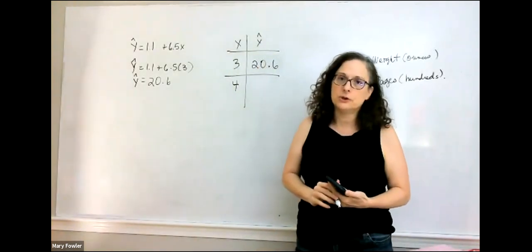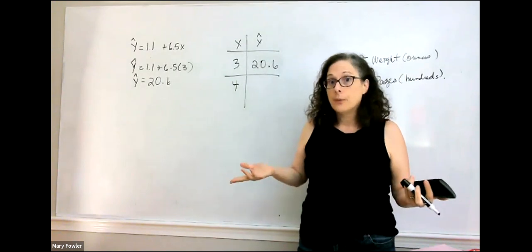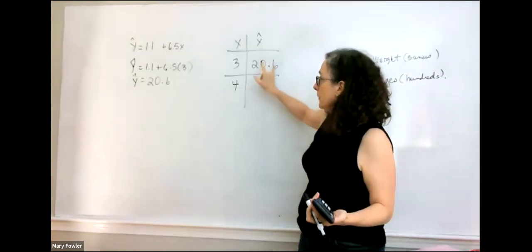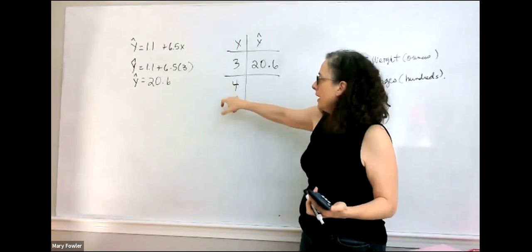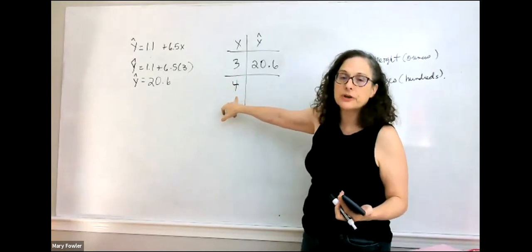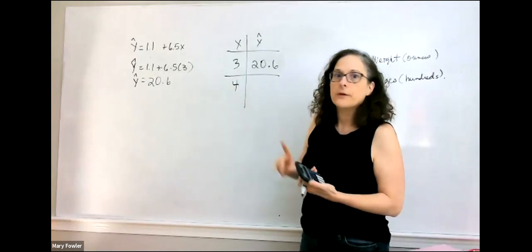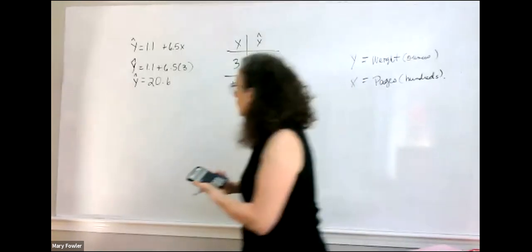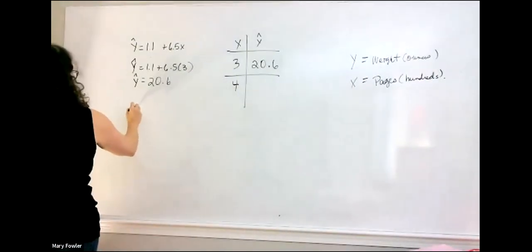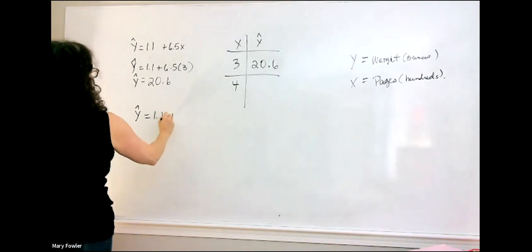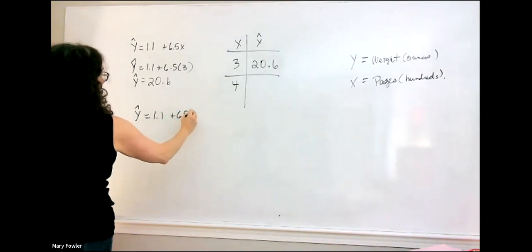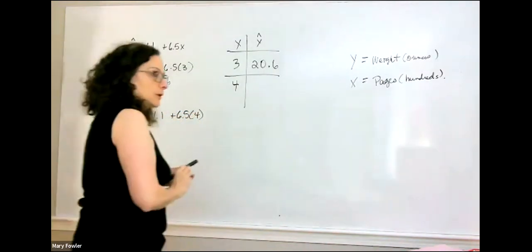A book that is 300 pages would weigh 20.6 ounces. And let's go ahead and see what the model would predict for a book that is 400 pages. So let's look at Y hat, 1.1 plus 6.5 times 4.